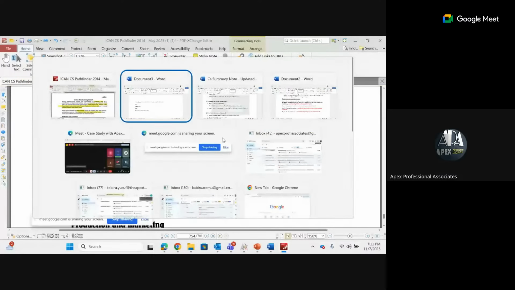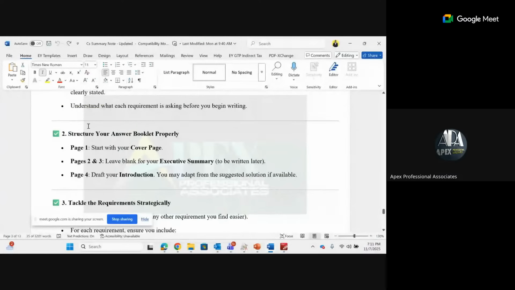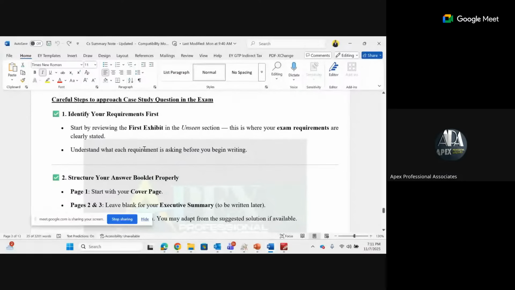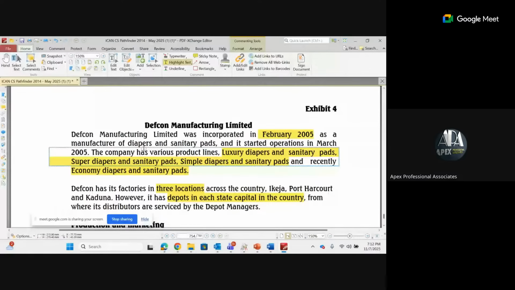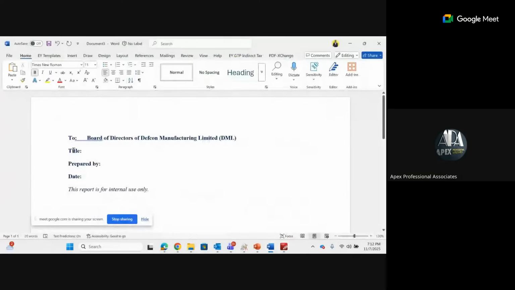That is why we said the first thing you should do is understand your requirements, because you are going to need that requirement to draft a title or a subject on your cover page. Do you understand? That is where your first solution starts from.